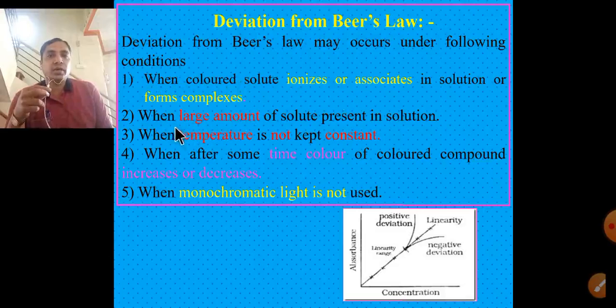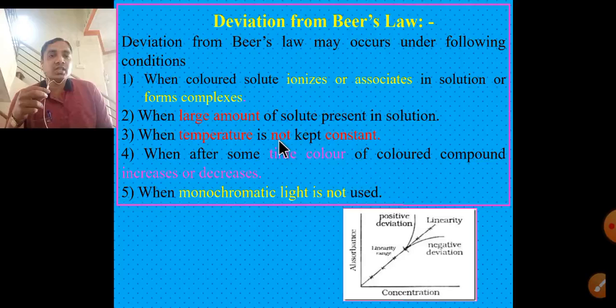Second, when a large amount of solute is present in solution, deviation is formed. In the graph of concentration versus absorption, linearity is seen for small amounts, but when an excess amount is used, there is positive deviation and negative deviation from Beer's law.